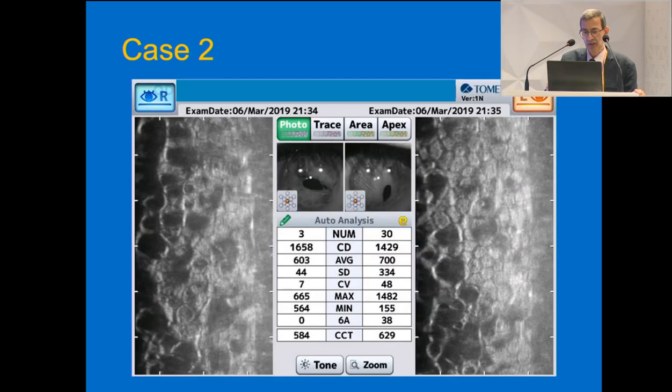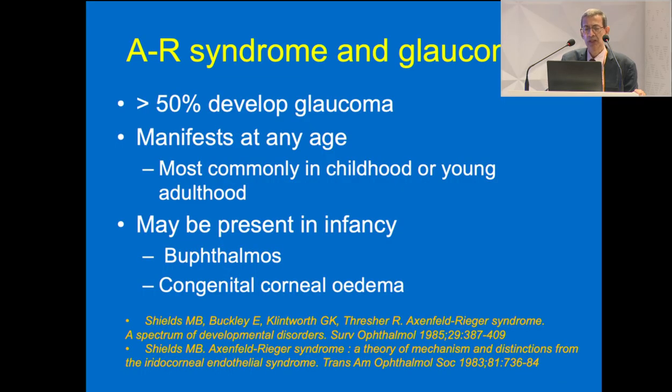A case where there is a similar feature, but the corneal change is in the endothelium, extensive change in the corneal endothelium. As I told, about 50% of the patients will have glaucoma that can manifest at birth or any time after birth to adulthood. When it is presenting at birth, the typical feature is like primary congenital glaucoma.